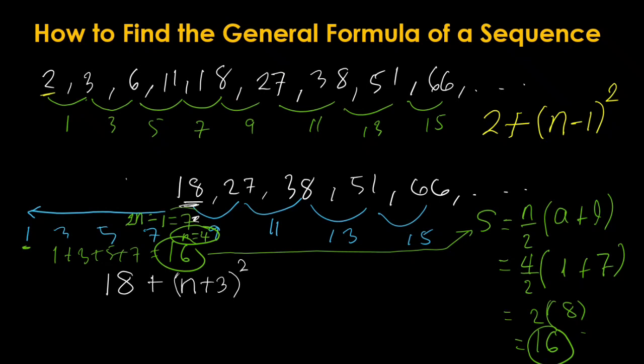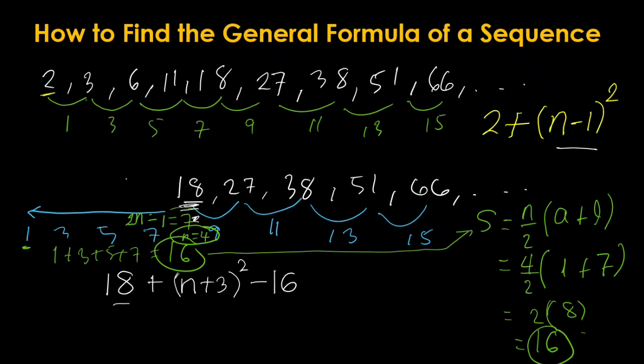You see it's still of this form, except that we need to make this one 4. If your n is 1, this is 4, so you have the fourth term minus 16. So that when your n is 1, then it's gonna be 4 here. 4 squared is 16. 16 minus 16 is 0, so our first term is 18.